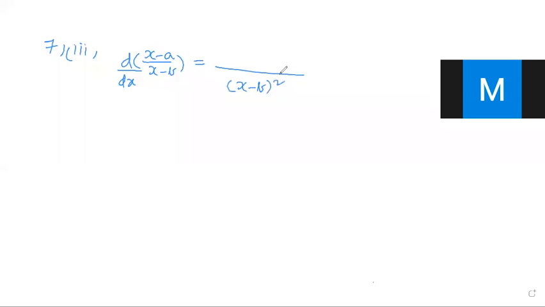Now write down: the denominator is kept as it is.